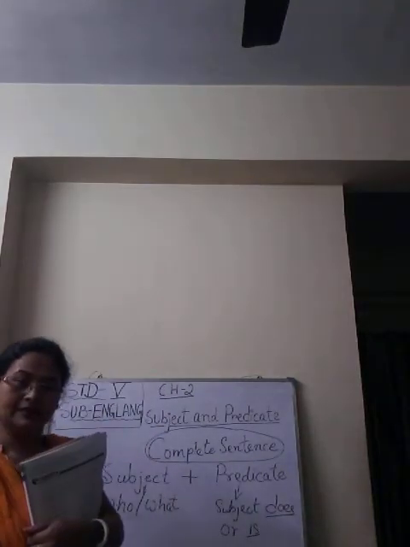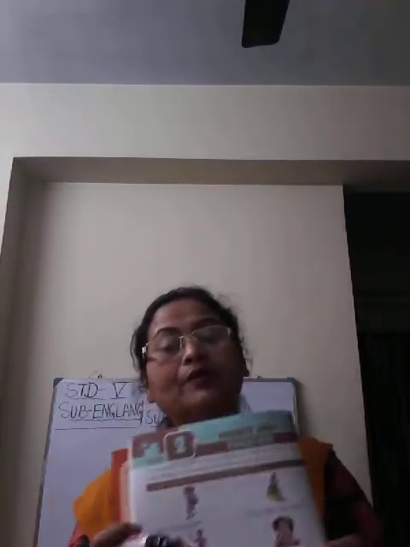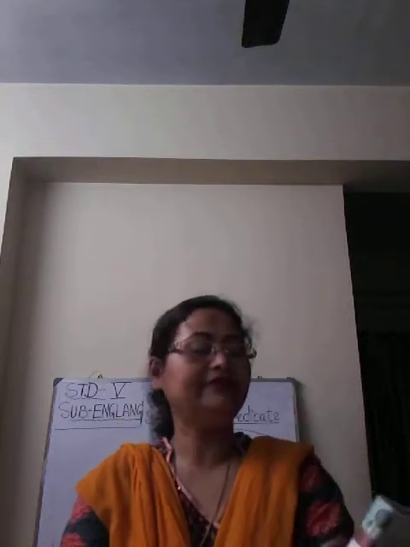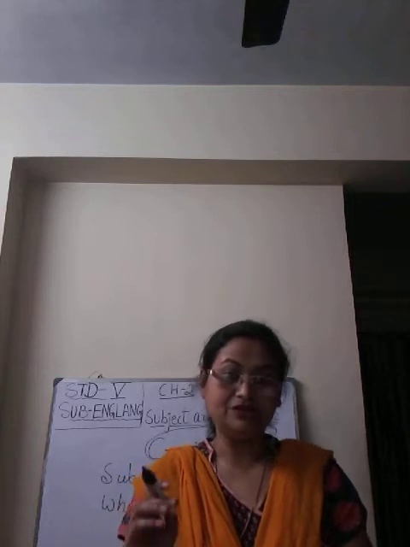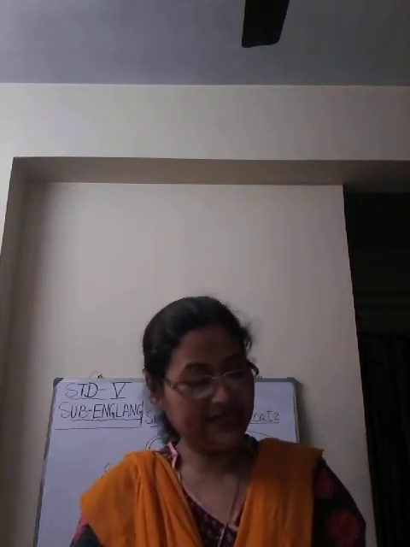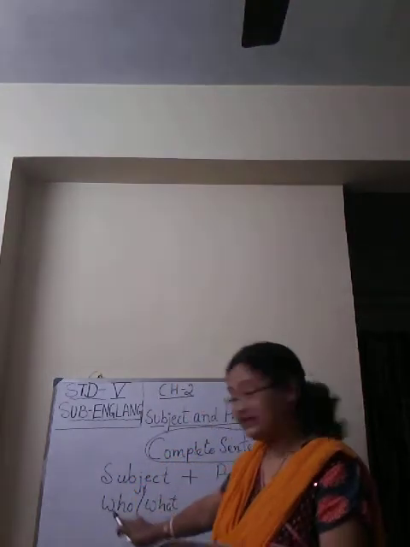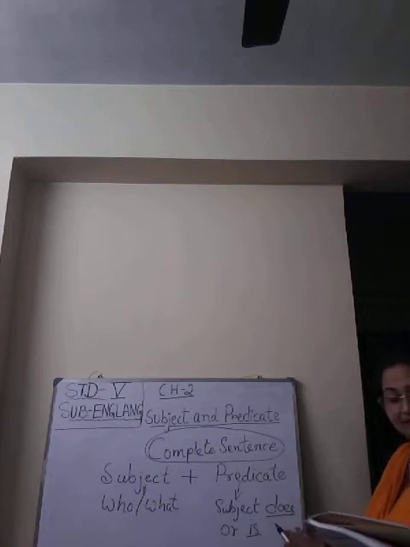Okay. Clear? Subject and predicate. See, it's given in your book also, maybe in another way. You read it silently, you will find in a sentence the person or thing we talk about is subject, and what we say about the subject is called predicate.